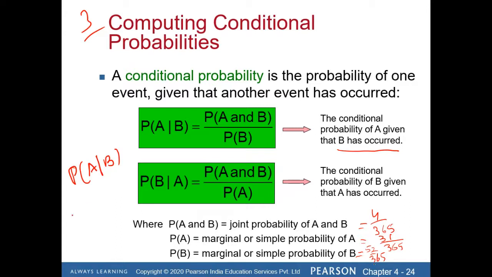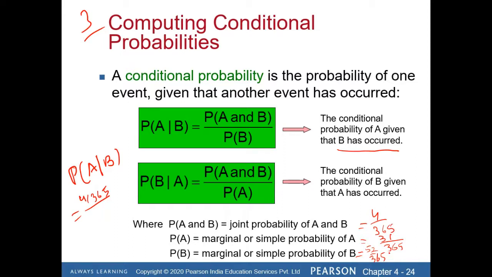What is the conditional probability of January given that B has occurred? You can see January and Wednesday. So 4 upon 365, divided by the marginal, or simple, probability of B. How many Wednesdays are there in a year?